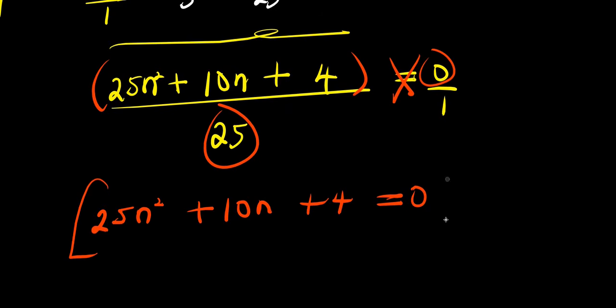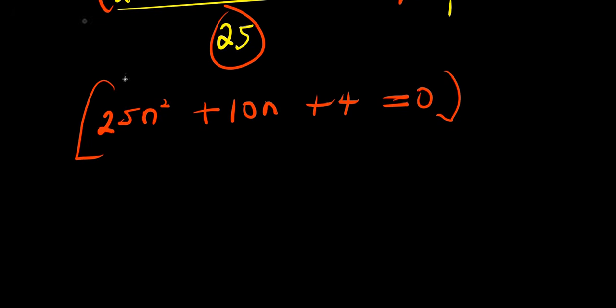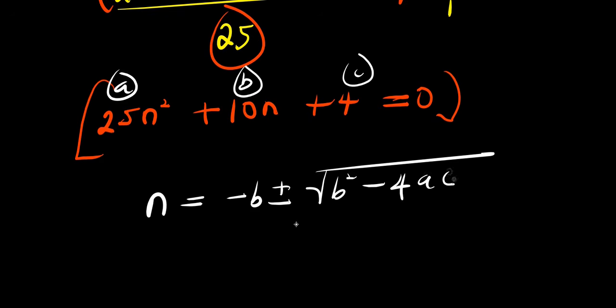We can solve this quadratic equation using the formula method. And right here, our a is 25, b is 10, c is 4. Remember the formula, n equals negative b plus or minus square root of b squared minus 4ac, divided by 2a.